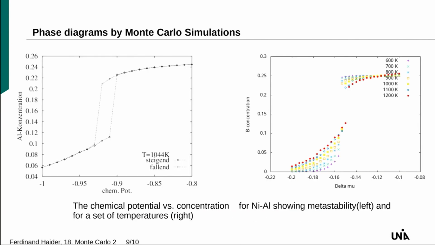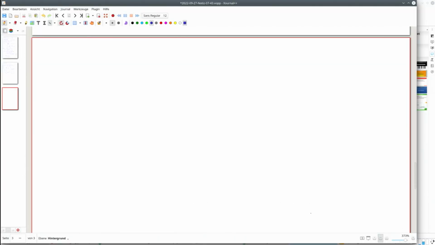Next point is the phase diagrams. So if we are studying a precipitation process, typically we have a miscibility gap.